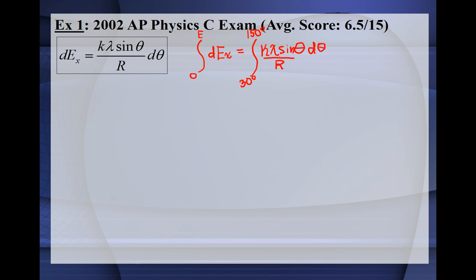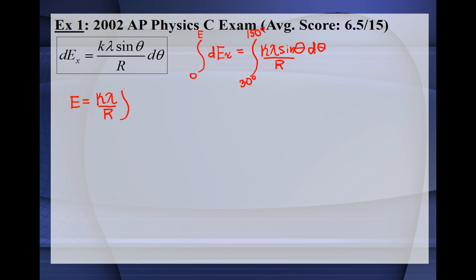Now, before I integrate, I can pull out anything that's constant. So K can be pulled out of the equation, the linear charge density can be pulled out, and the radius of the circle is obviously constant. The left-hand side of the equation just integrates to E, your total electric field, because it would just be E minus 0. And then this would be equal to K multiplied by lambda, all divided by R.